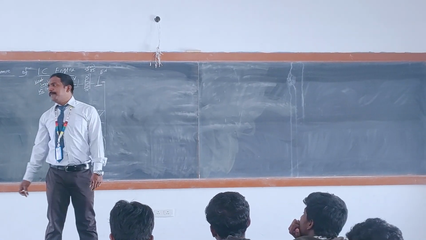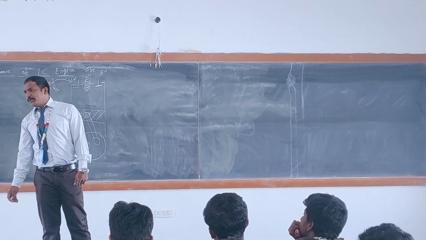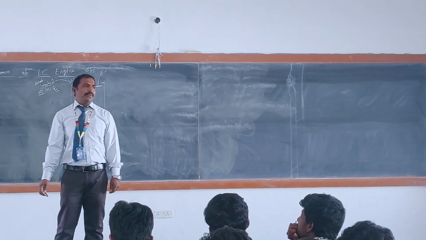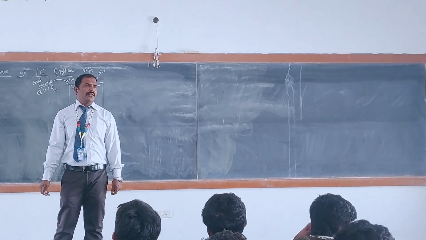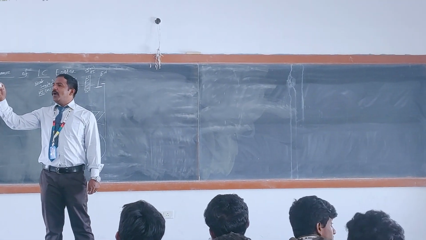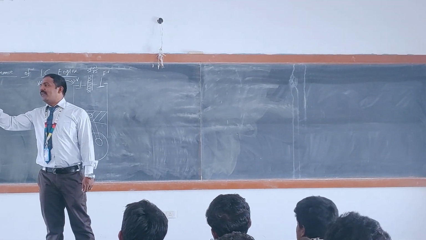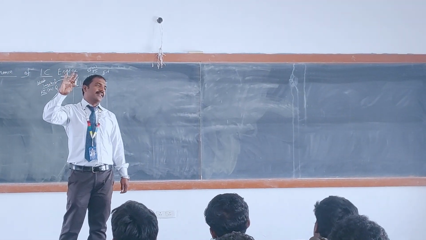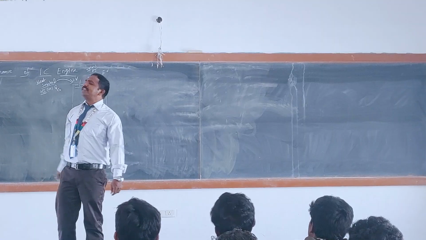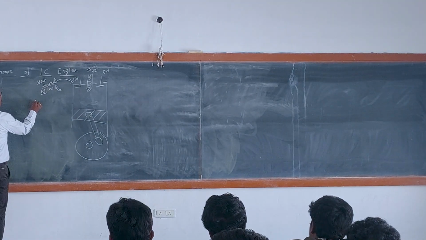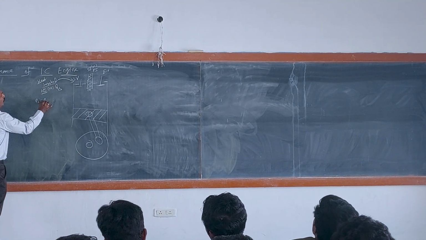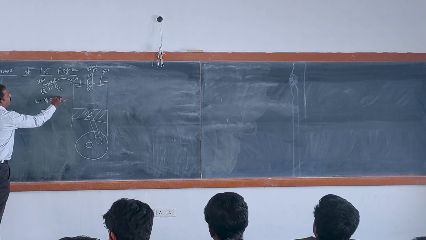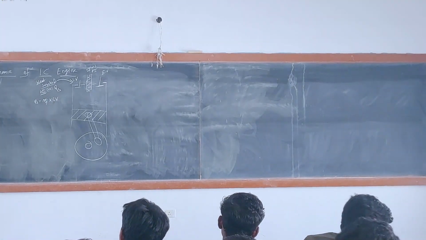Unit of energy produced per kg of fuel. For example, if one kg is burned, how much energy will be released? Heat supplied is equal to mass of fuel into calorific value.